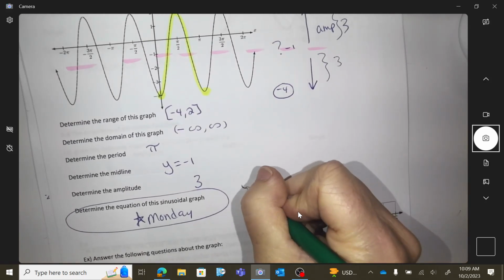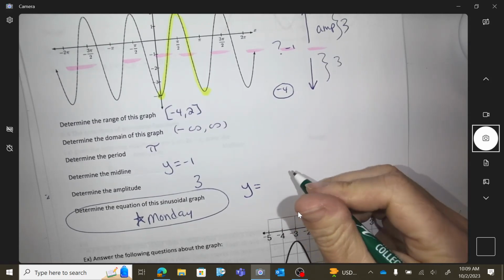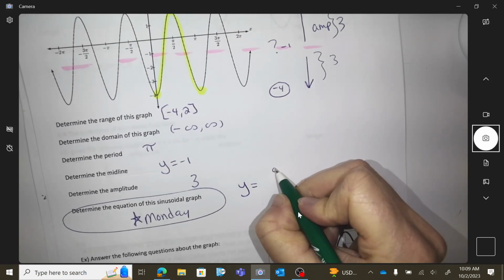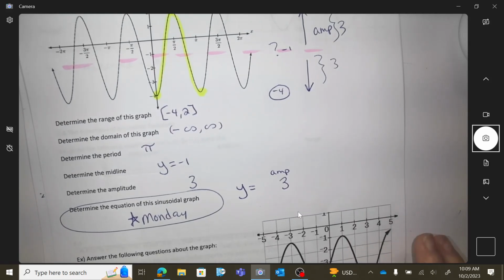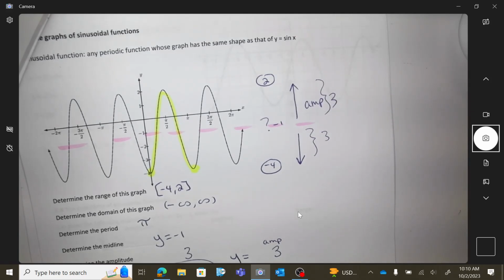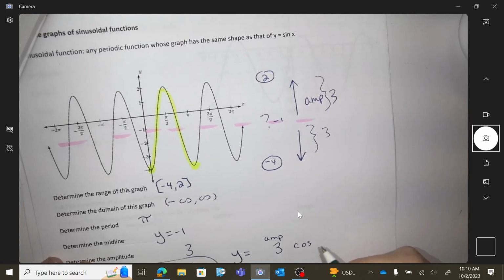So here we go. Y equals, okay, ready? The amplitude needs to go into the front because it's a multiplier. Would that make sense? Usually you multiply things and they would go up 3 instead of 1. And I'm going to pick a cos function on this one.